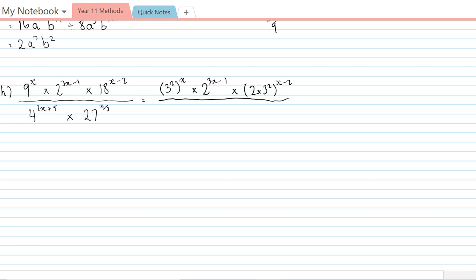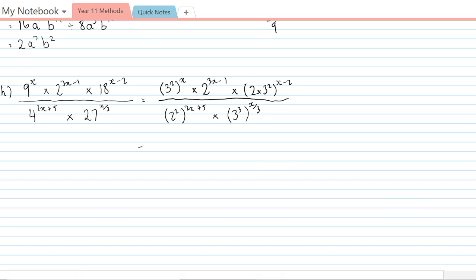And then 4, I'm going to write as 2 squared. And the 27 I'm going to write as 3 cubed. Alright, so that's looking much better already. And now it's just a matter of simplifying it.